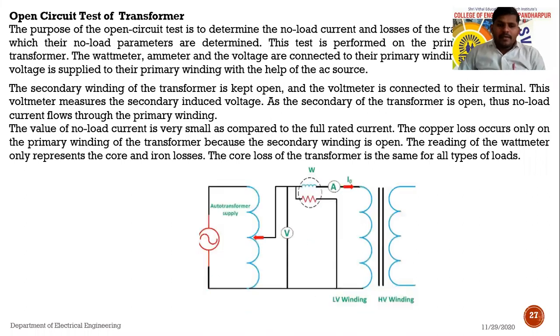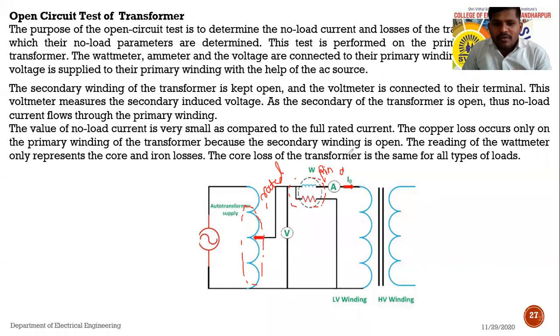Okay, now see, here is the connection diagram. In that connection diagram, we are using one variac, or it may be one auto transformer, to gradually vary the supply voltage and set it to the rated value. Then one wattmeter is required to measure the input power at no load condition.